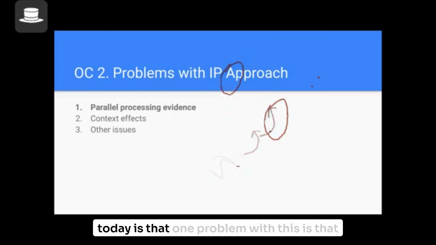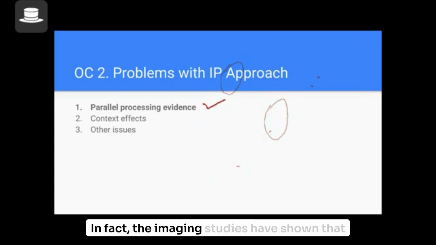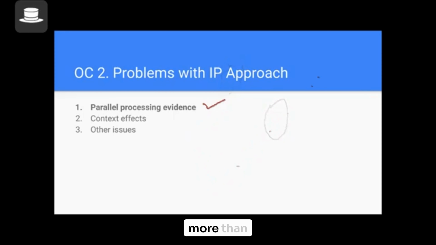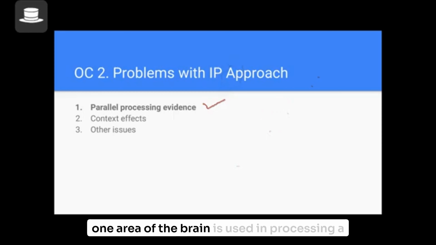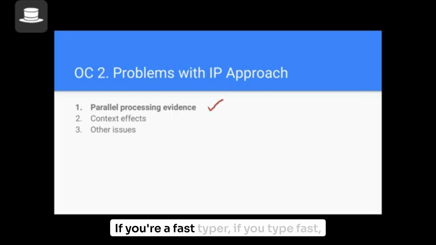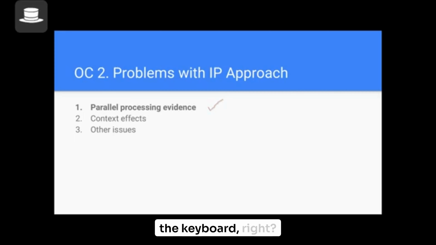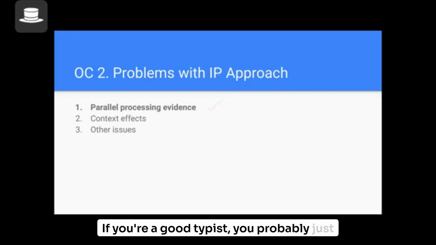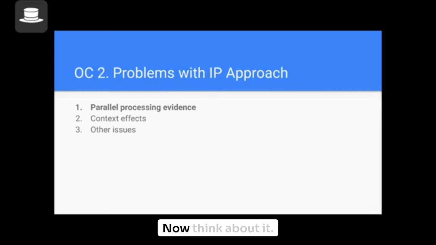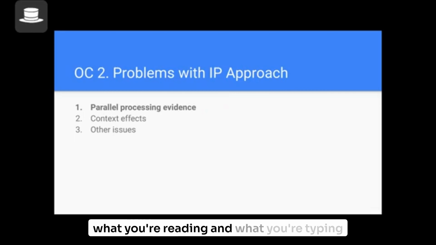The problem with this is that there is enough evidence for parallel processing. In fact, imaging studies have shown that more than one area of the brain is used in processing a word in a specific task. So there is evidence for parallel processing. Well, think of another example. If you type fast, you'll probably understand this. When you're actually reading, you won't even look at the keyboard, right? If you're a good typist, you probably just read the thing and type. Now think about it, what you're reading and what you're typing.